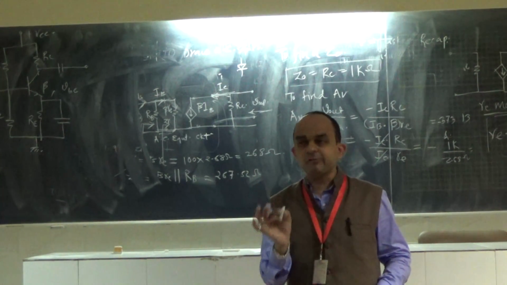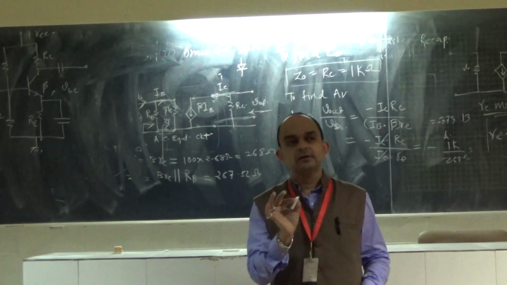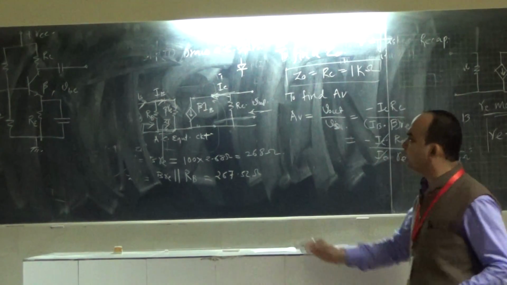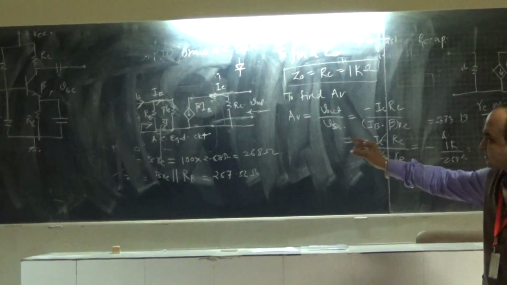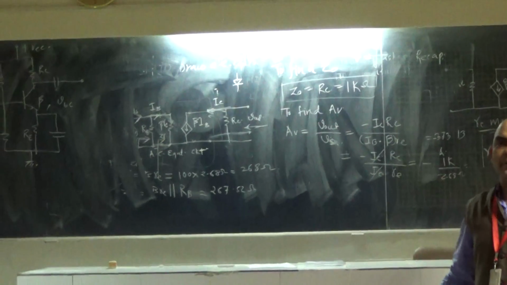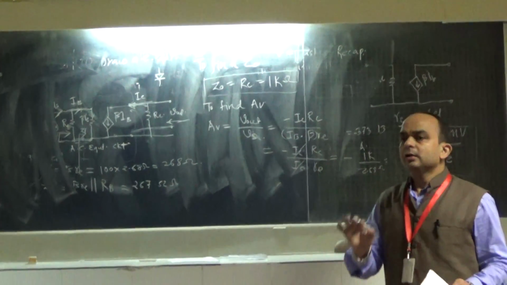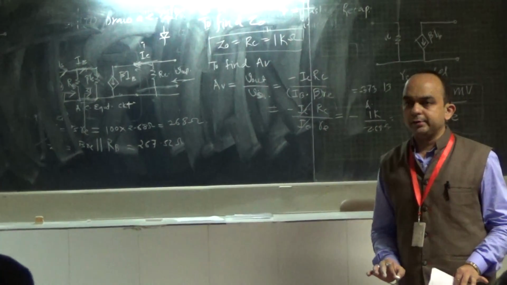But the most preferred combination is self-bias along with the common emitter RE model. So this will be the most important problem. There are two variants: one with a bypass capacitor, the other without a bypass capacitor. Whenever a capacitor is involved in AC analysis, that capacitor needs to be shorted.